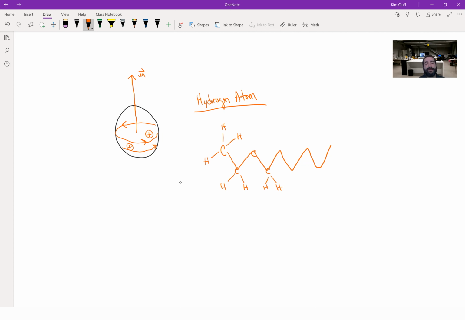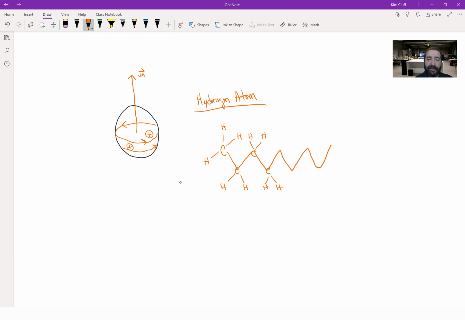Each one of those hydrogen atoms is spinning and has a positive charge. Because they have charge and are spinning in a closed loop, they're all producing a very small magnetic field, or a magnetic moment.